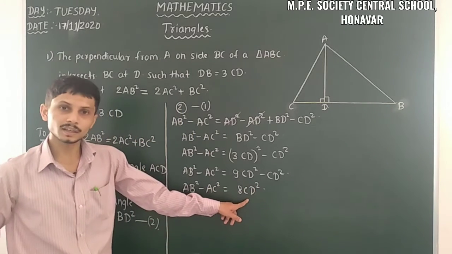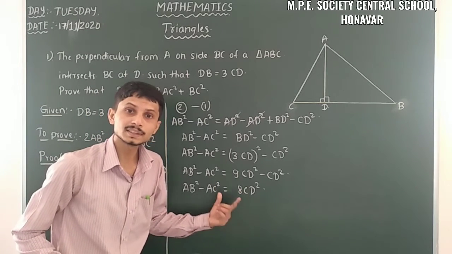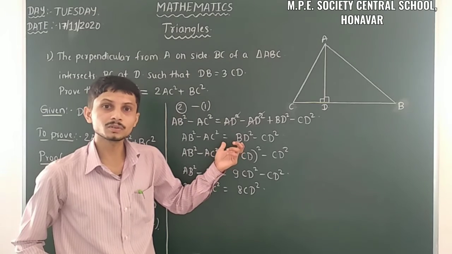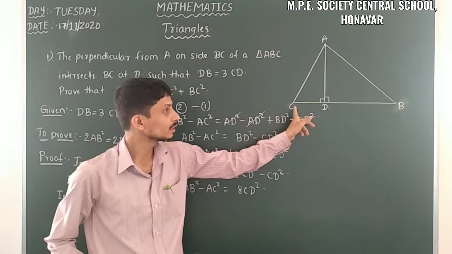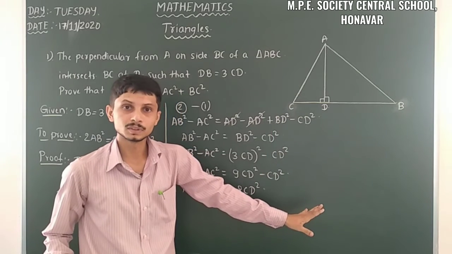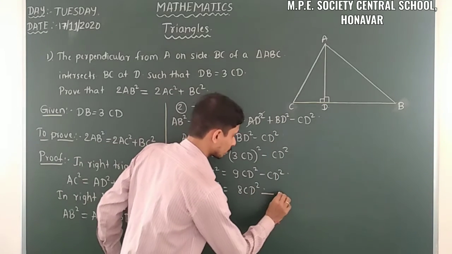Now just observe CD. We have to express CD in terms of BC. For that we have to take the relationship between BC, CD and DB, and then substitute it. I will take this as equation number 3.